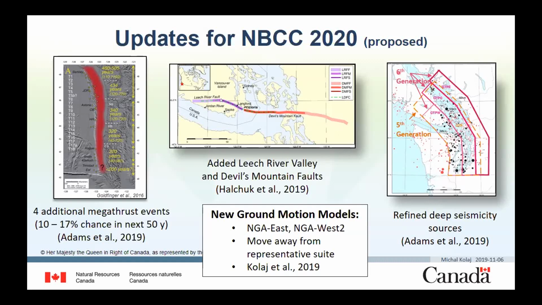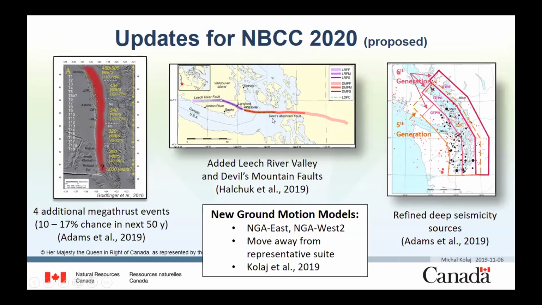We believe there might have been 4 additional ones. When we recalculate the recurrence statistics with these 4 extra events, they happen more often, which pushes the hazard up by about 10% in southwestern British Columbia. There are references on the slide that I encourage you to look up if you want more information on any of these pieces.